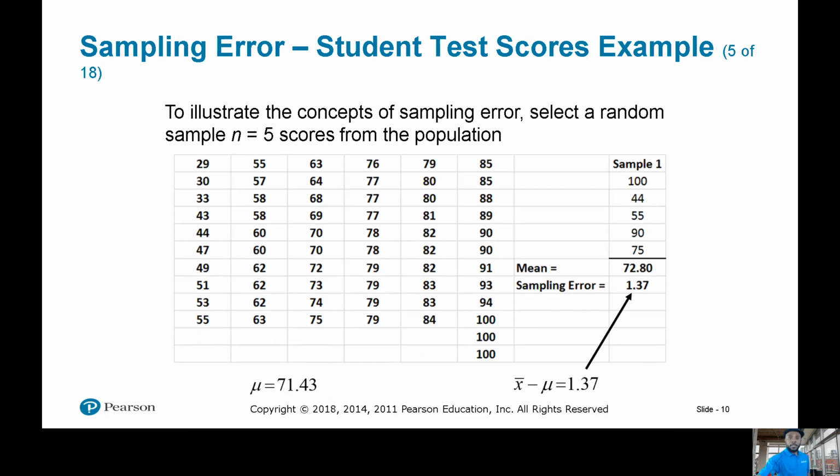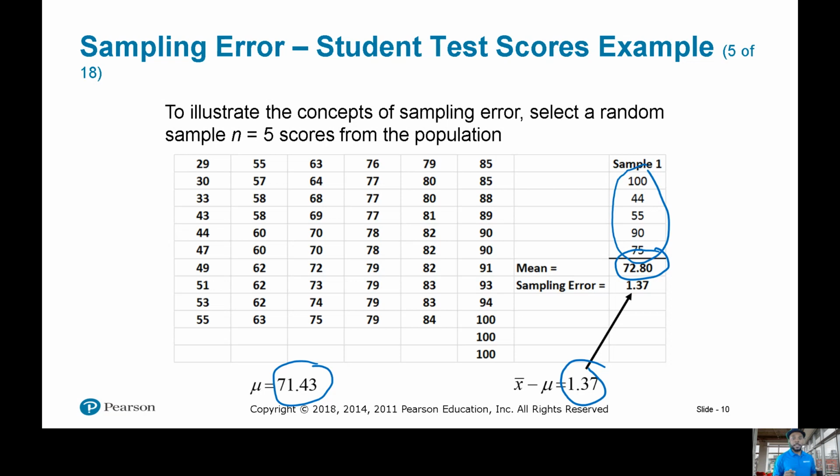Let's say this was drawn as a simple random sample without replacement, and we computed the mean of this sample. We have 72.80. It's pretty close to the population mean, and the difference is pretty small. So our goal is to minimize the sampling error.